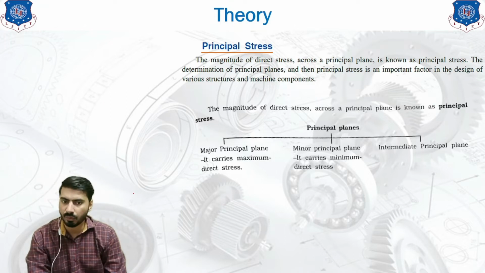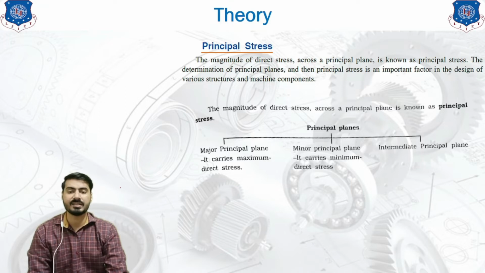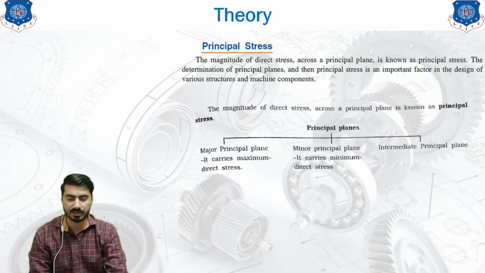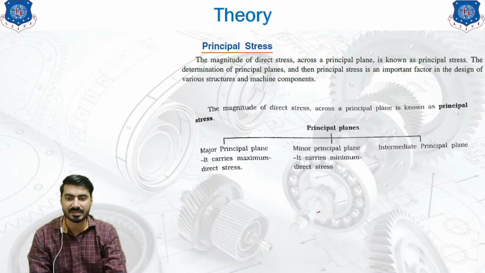Now, how may the principal stresses be classified? As you can see on your screen, we have done a 3-way classification: the major principal plane, the minor principal plane, and the intermediate principal plane. The major principal plane, as the name itself indicates, carries the maximum direct stress.